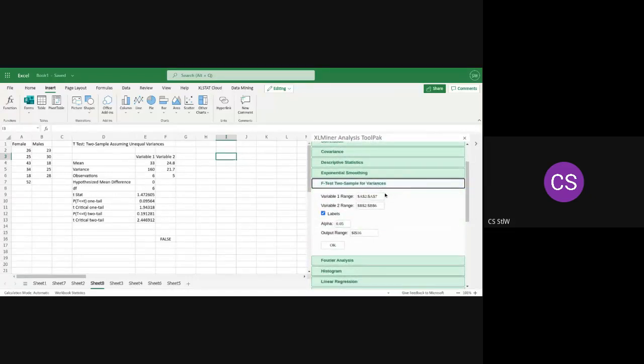But yeah, please don't be confused. I will feel a little bit guilty. Let me just confirm this, and remove the labels, B2 up to B6. So alpha is 0.05. Display this in I1. Let us see. I just want to confirm the variance again. Yeah, it has brought what is expected.